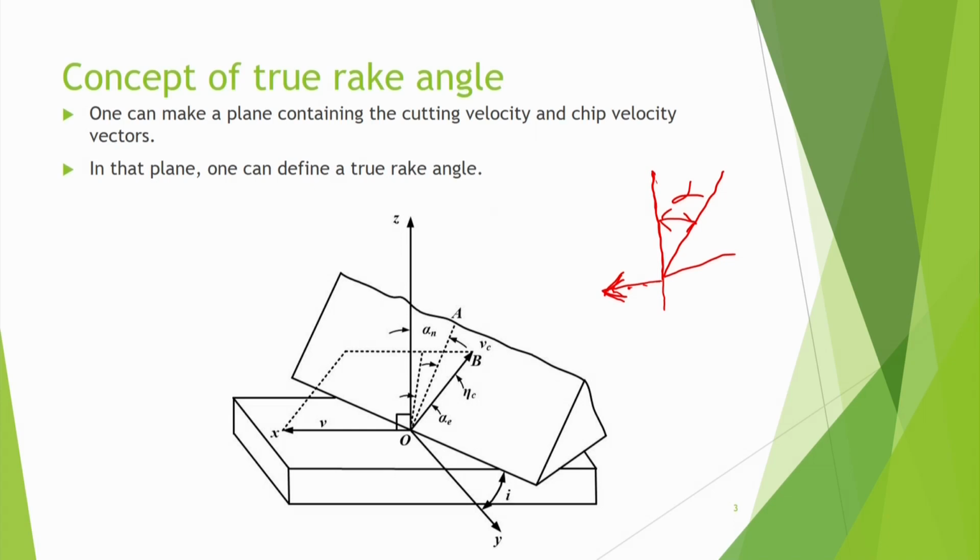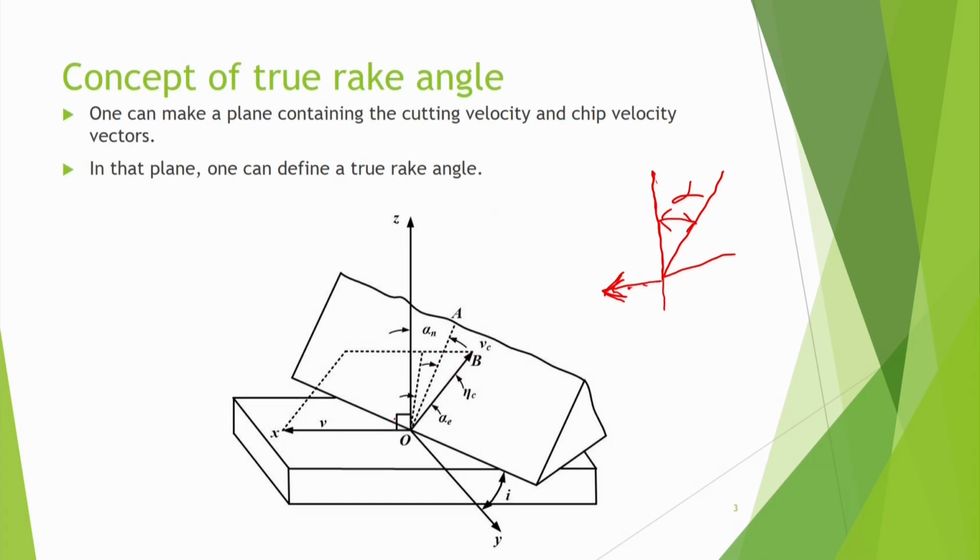But here I am going to show one more plane, which contains the velocity vector V and also the chip flow velocity Vc. So V and Vc are both contained.